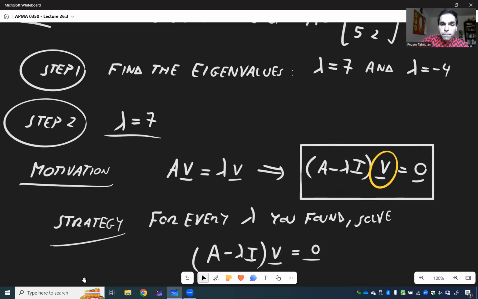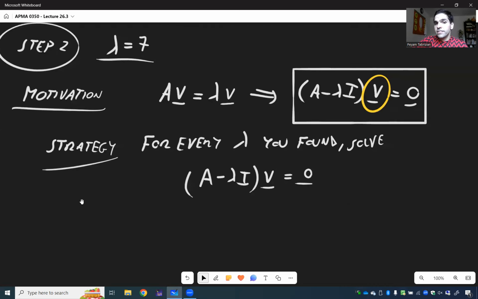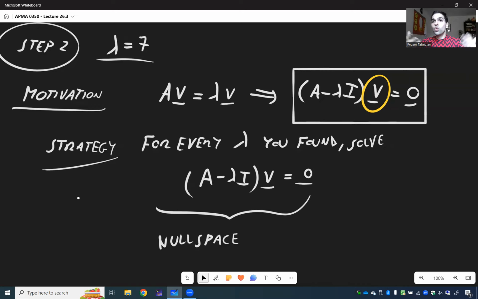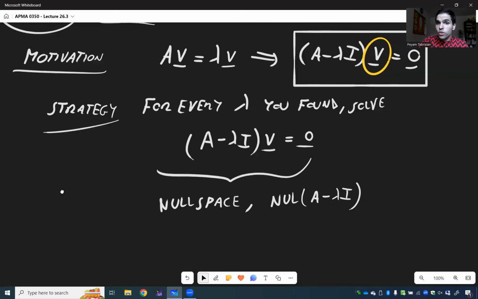And because the right-hand side is 0, this is sometimes called the null space. Null, like null in German, means 0, so it's the 0 space. And sometimes that's denoted by null of (A minus lambda I).